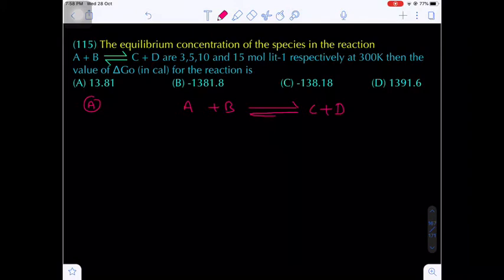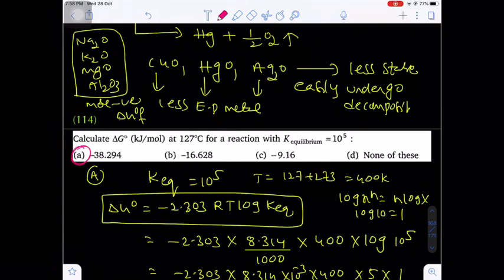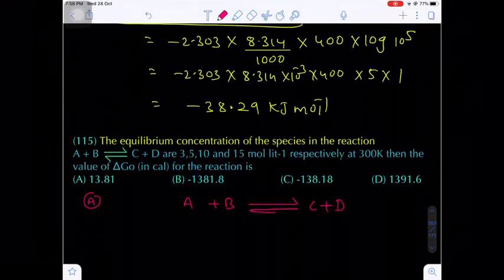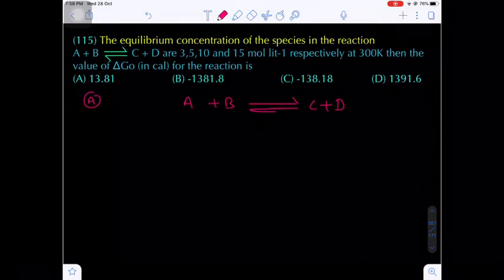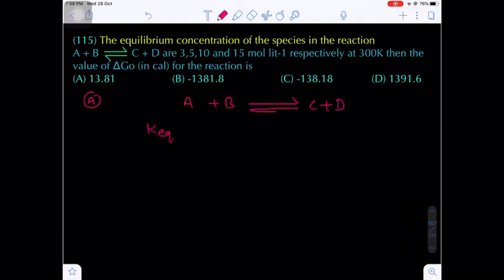Find the delta G naught value in calories. In the previous question, K equilibrium was given, but here the equilibrium constant is not given, but we can find it.